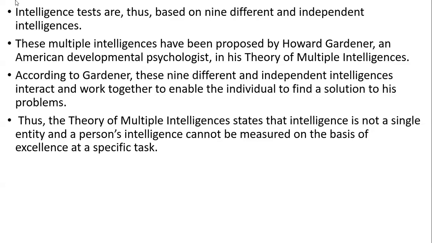There are a number of things: visual spatial, intrapersonal, interpersonal, naturalistic, musical, body kinesthetic, verbal linguistic, logical mathematical. They get together. Intelligence comprises a number of intelligences.